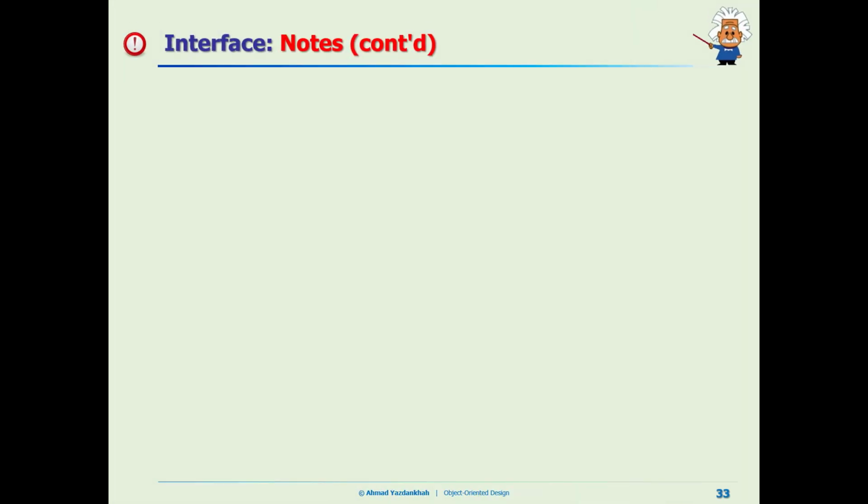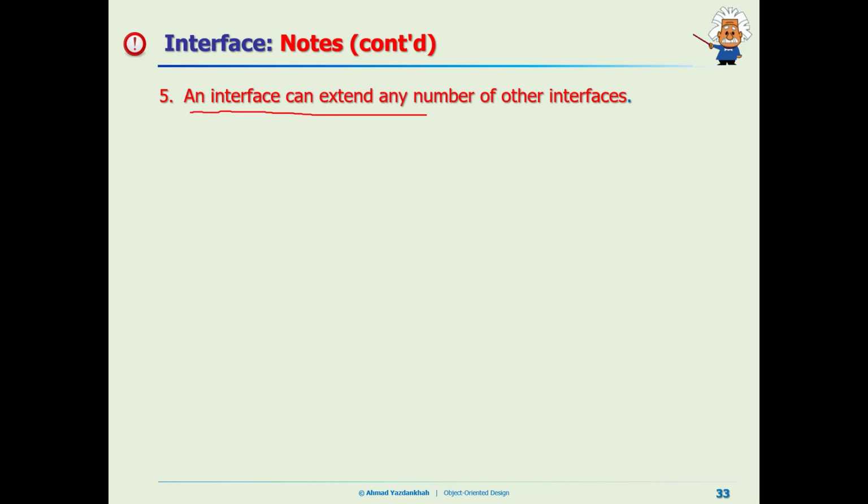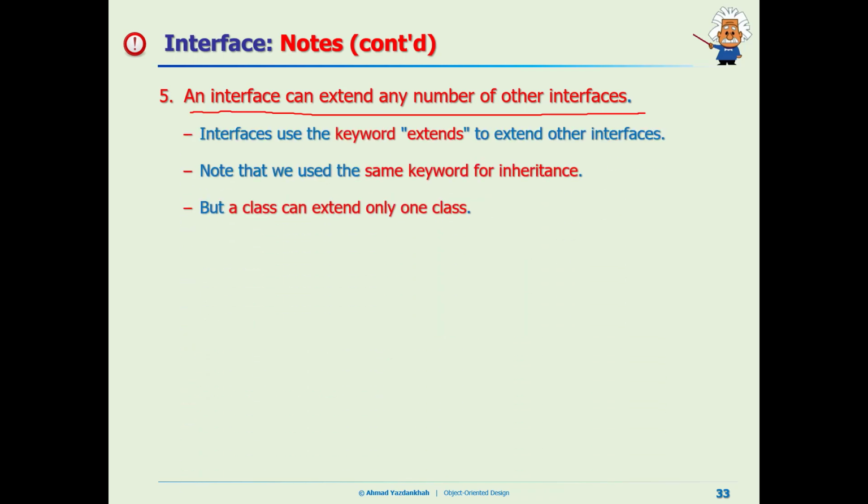Inside the interfaces, each interface can extend other interfaces as many as it needs, right? That's another very interesting thing. So an interface can extend any number of other interfaces. And for extending, we use the same keyword, extends, that we use for inheritance.